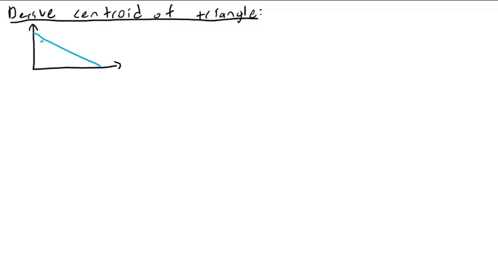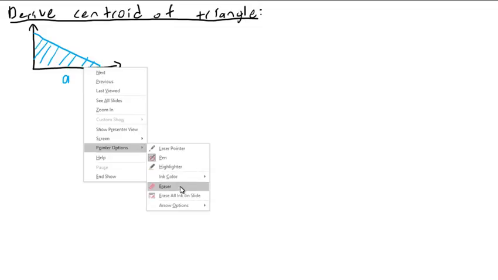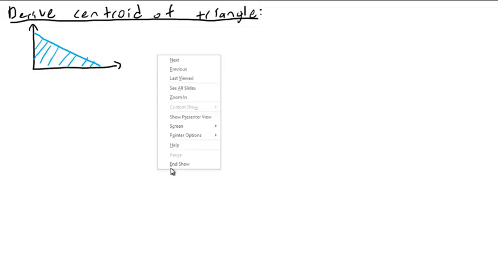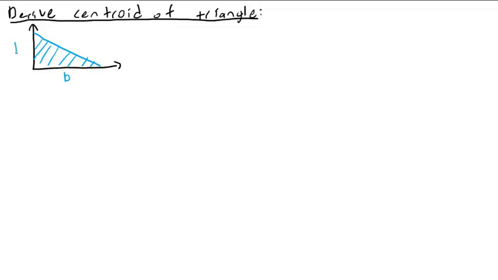So here's the triangle, and I'm trying to derive the formula for its centroid. Actually, instead of A and H, I'll use B and H for base and height. That's more familiar to people.